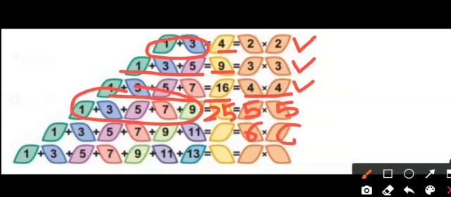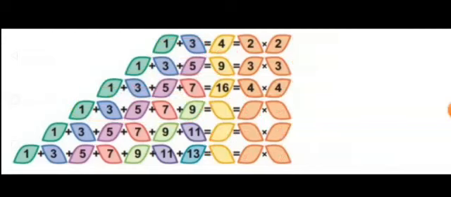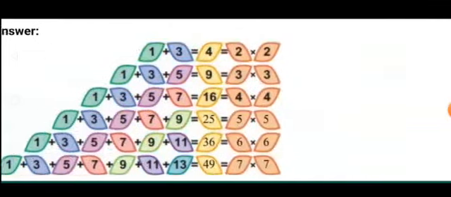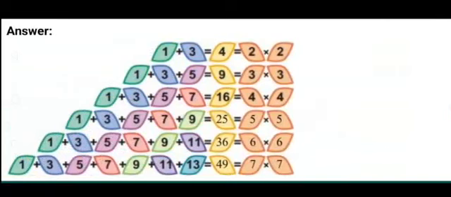Next is 6 6s are 36. Next 7 7s are 49. Like this you can complete your pattern. The answer of this pattern is here. Now you can check your answer.